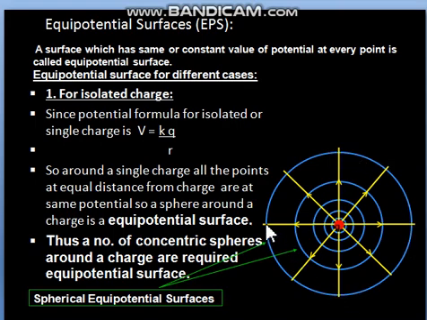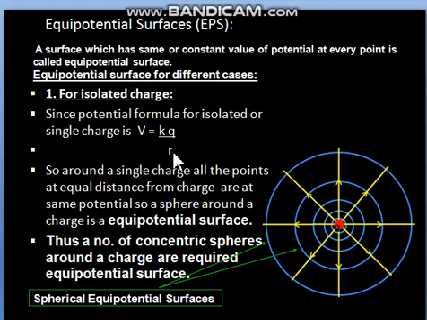So I think the idea is clear. As we discussed, our target is to keep the potential same, and we have to search all those points, and the locus of all those points will give us the EPS. To make the potential same, since K and Q are already constant, distance R also we have to keep same.